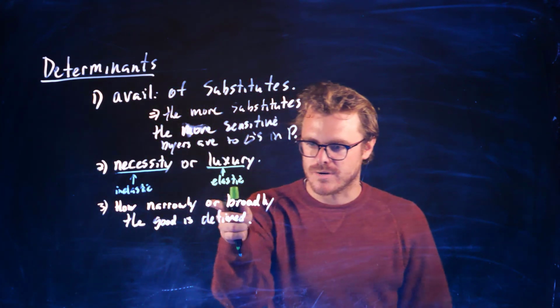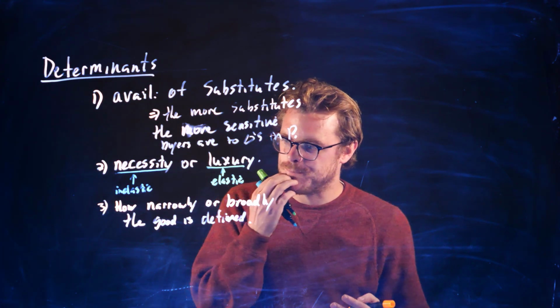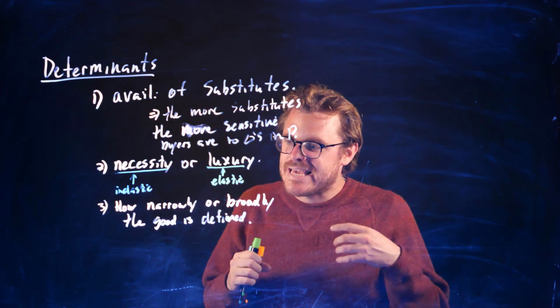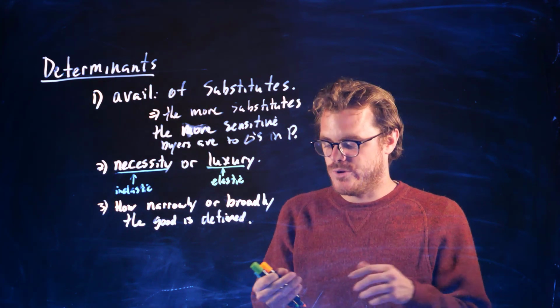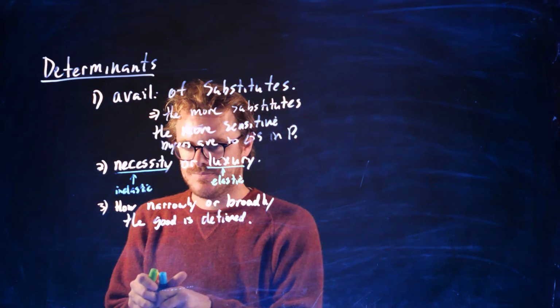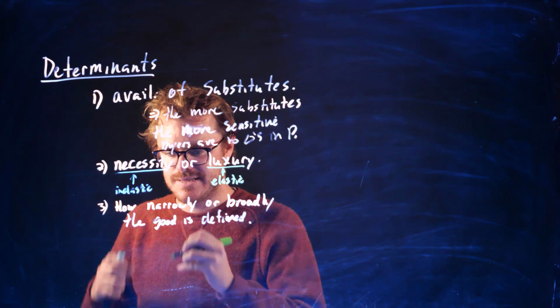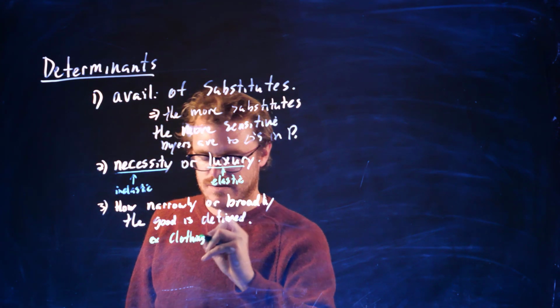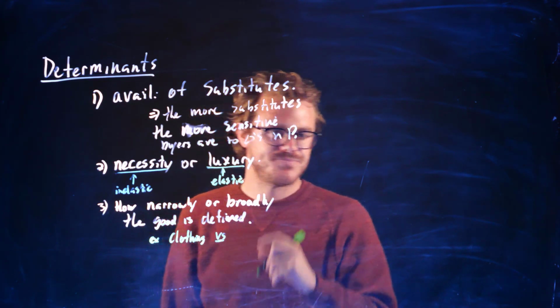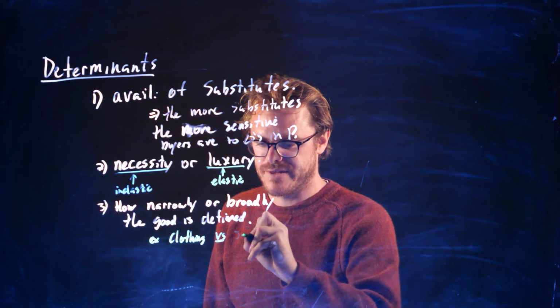If I gave you two different goods, so I give you one good that's clothing, let's use green since it seems to be working better, clothing versus jeans or something like that.